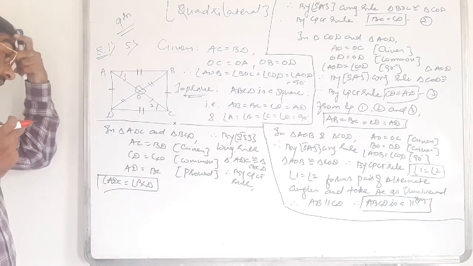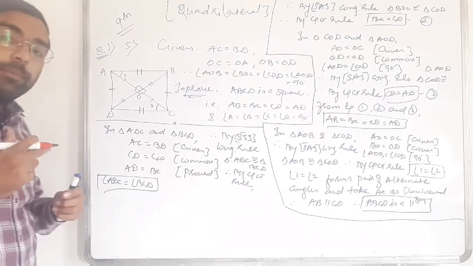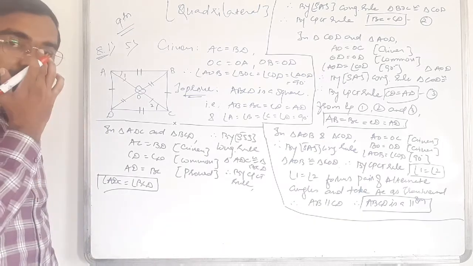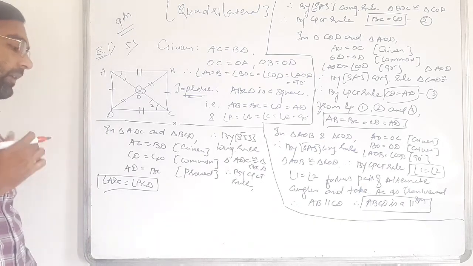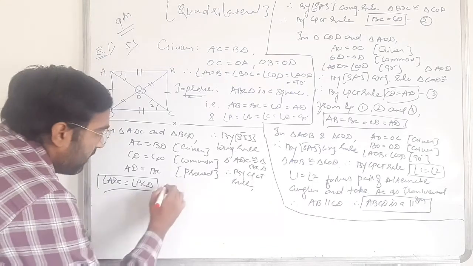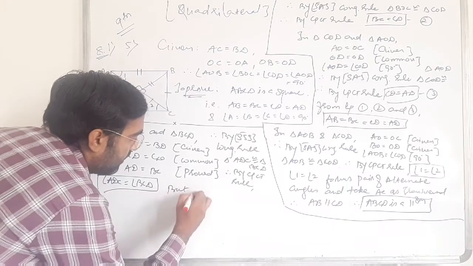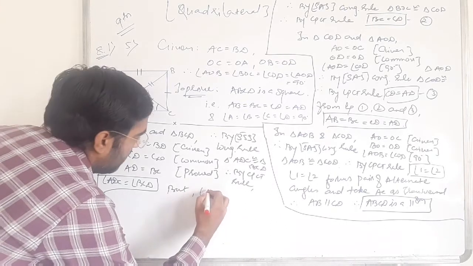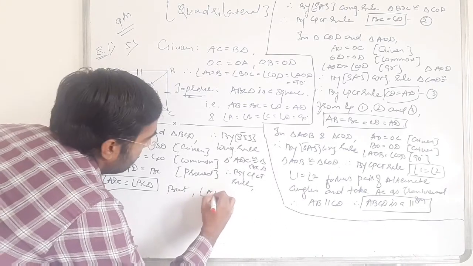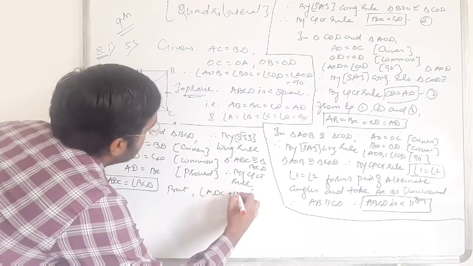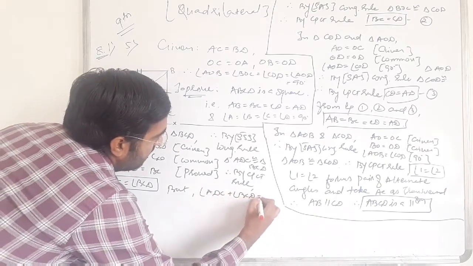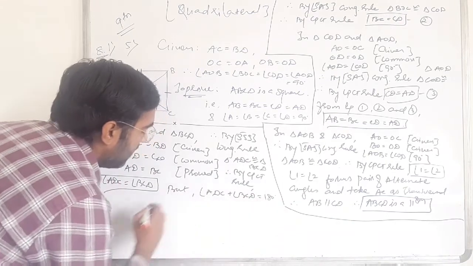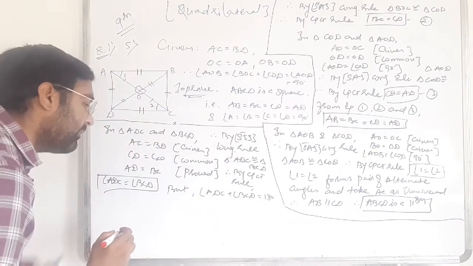But ADC and BCD form a linear pair. Sorry, they form supplementary angles because ABCD is a parallelogram. But angle ADC plus angle BCD is equal to 180 degrees because of the linear pair of angles.